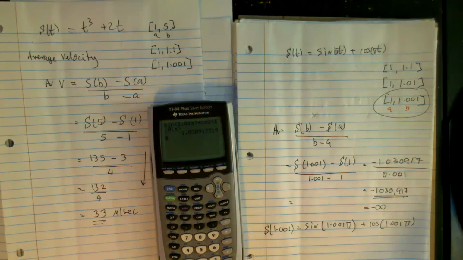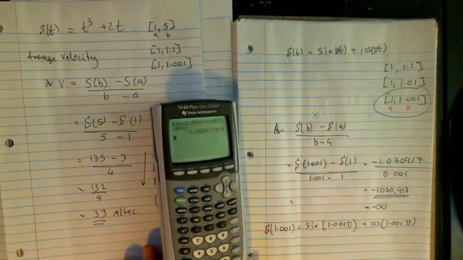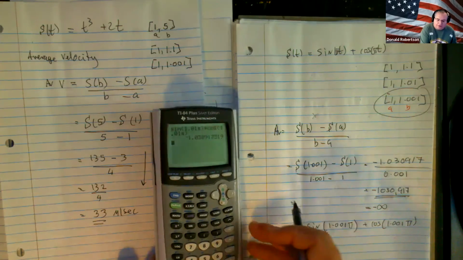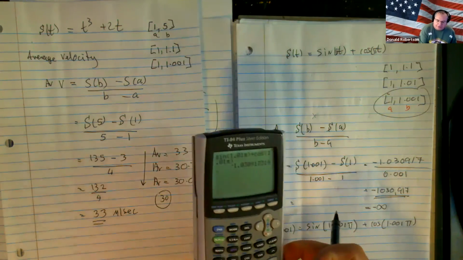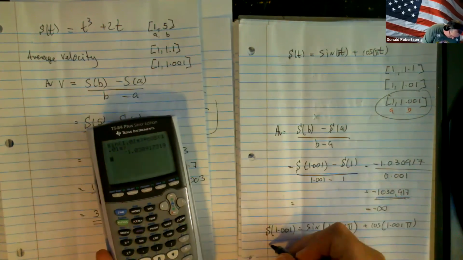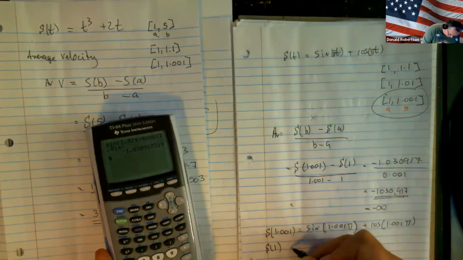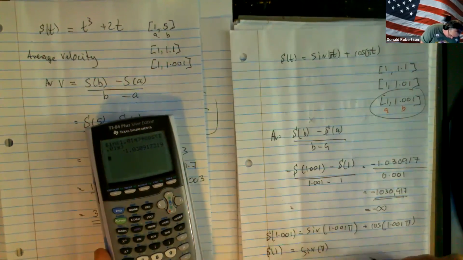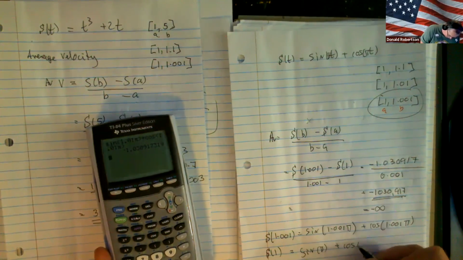When you're typing into the calculator, is that cosine 1.001 or is it just 1 pi? Oh, that is just the first guy. You're right. I should have taken that into account. That's only this bit. I also need to know the other one, and it's a bit easier to do because it's the sine of pi plus the cosine of pi.